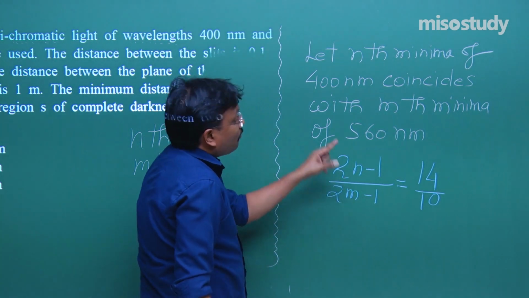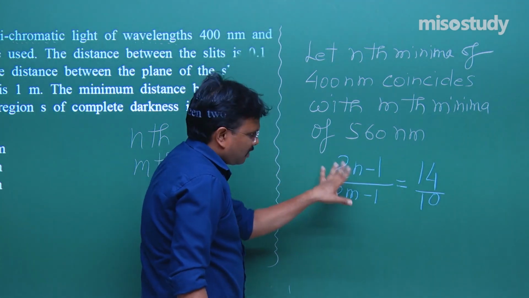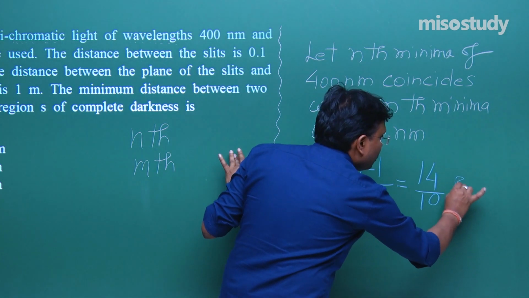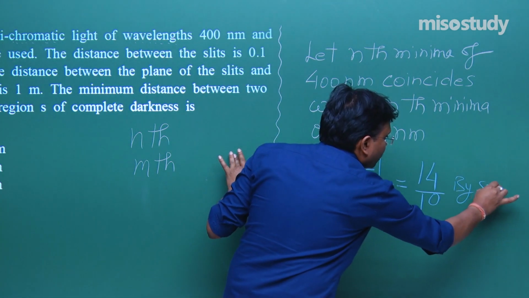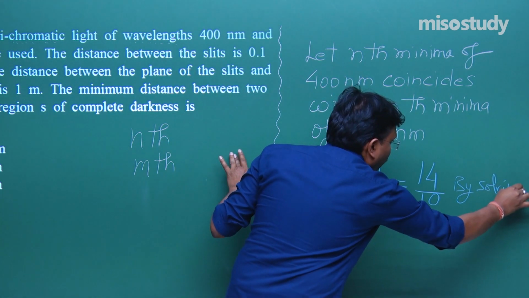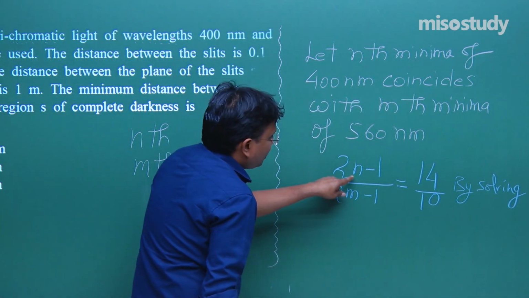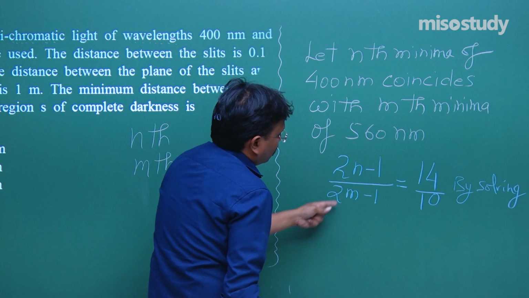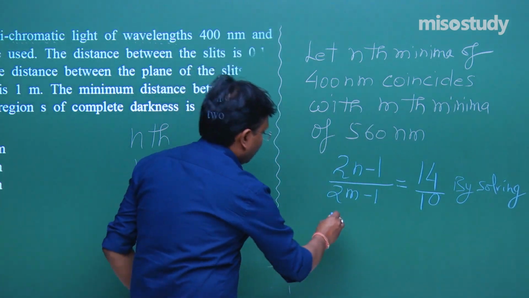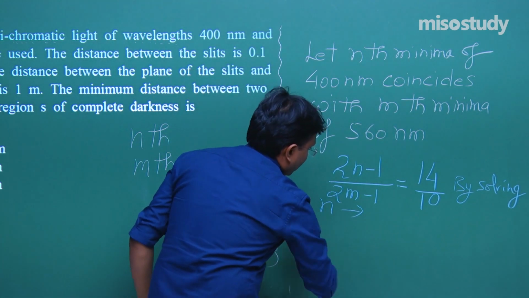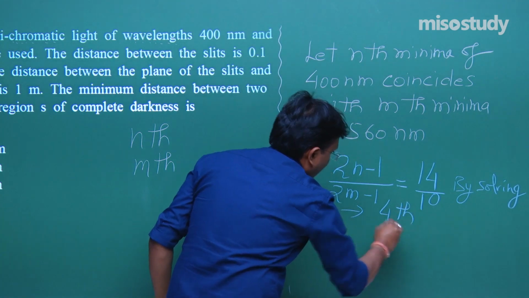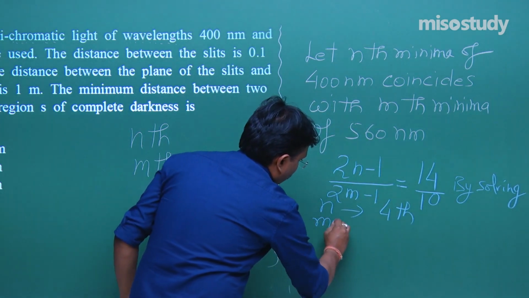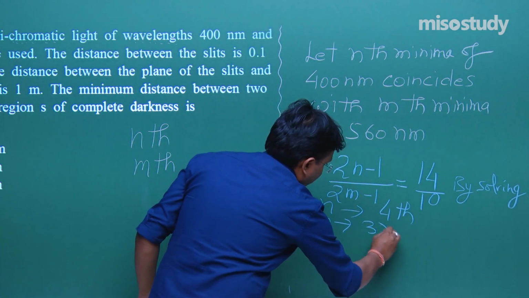Fine. So you can solve and get the value. By solving this, n is 4 and m is accordingly 3. So n is equal to 4th and m is equal to 3rd.